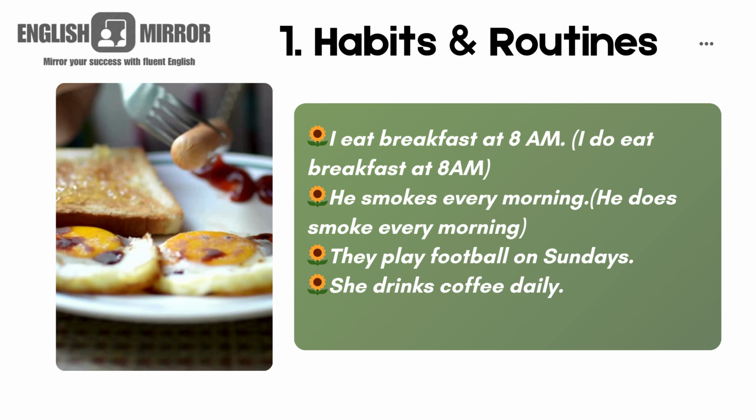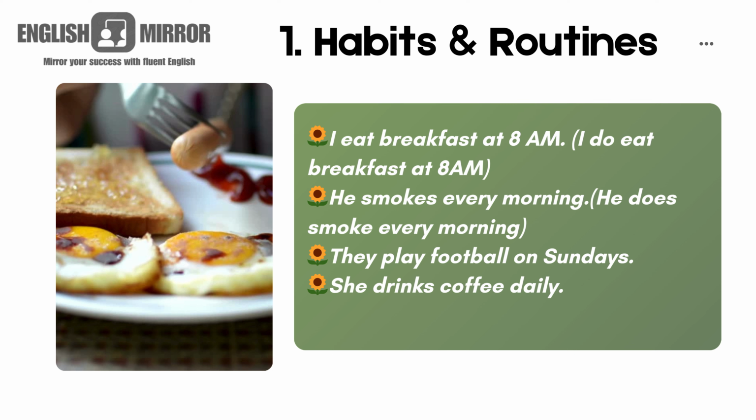It is not does. We have to use do with I. So the sentence will become: I do eat breakfast at 8 a.m. I'll repeat it again: I do eat breakfast at 8 a.m. That is the sentence where we included do.